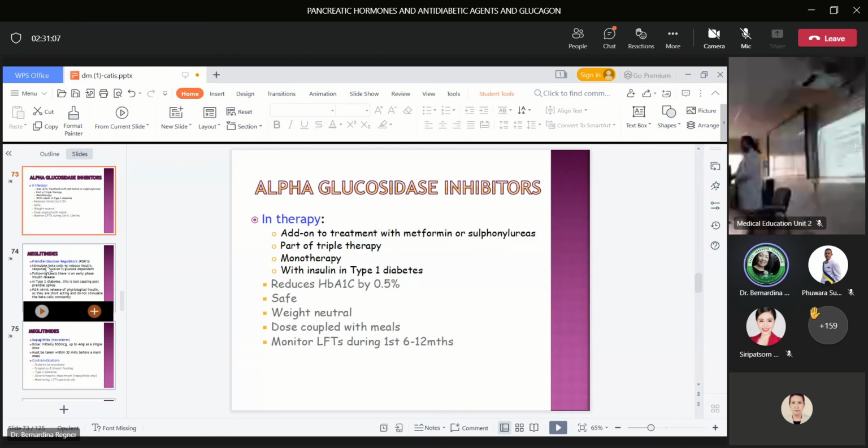You can also do this as monotherapy with insulin or in type 1 diabetes. It can reduce your glycosylated hemoglobin by 0.5%. It is safe, weight neutral, dose coupled with meals. Just monitor during your first 6 to 12 months, the levels of these drugs.